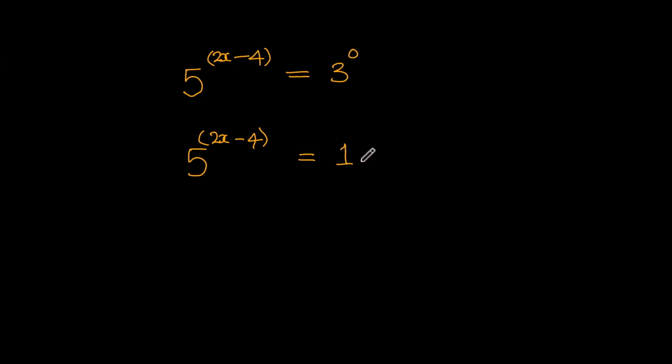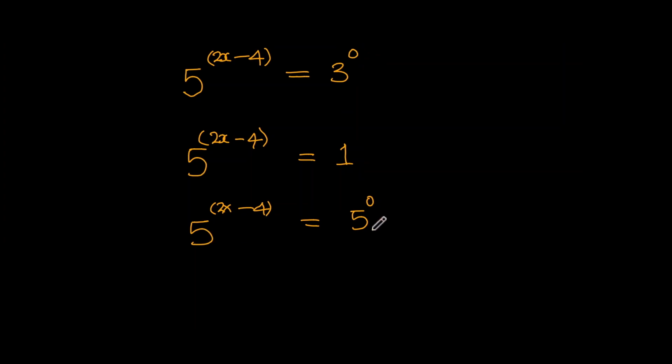And again, for us to be able to get this x, we need some exponent here. And we know, again, to obtain 1, we can write 5 exponent 0. So we copy our left hand side, and we have 2x minus 4 equals 5 exponent 0. 5 exponent 0 takes us back here, or 3 exponent 0 also brings us back to 1.